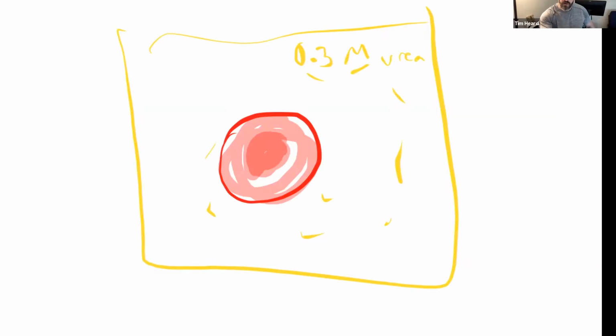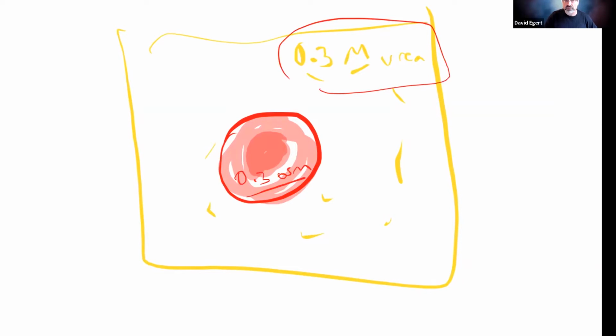It's also 0.3 osmolar, and urea does not dissociate, so this is 0.3 osmolar as well. So this is an isoosmotic solution. It has the same osmolarity as inside our cell. And yet, urea falls under the category we were talking about: although it's polar, it's small enough that it can penetrate.